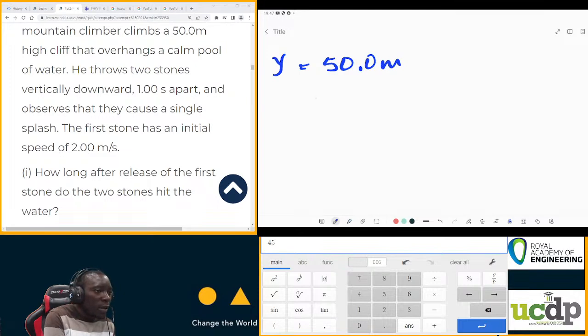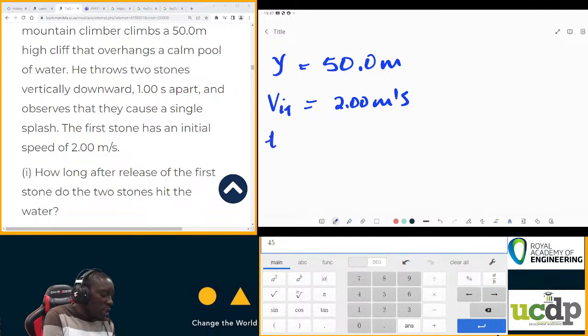Right, then they cause a single splash. The initial speed, so for stone 1, V initial for stone 1 is equal to 2 meters per second. We don't know what V final is, and we don't know what the initial speed of the other stone is.